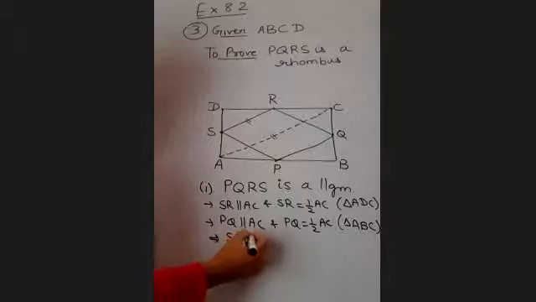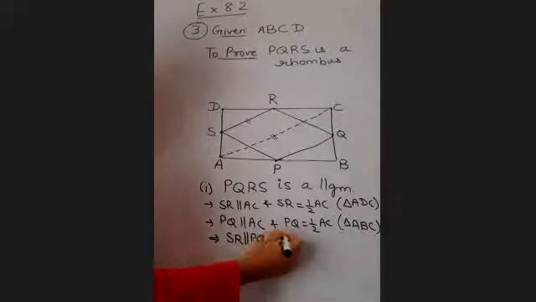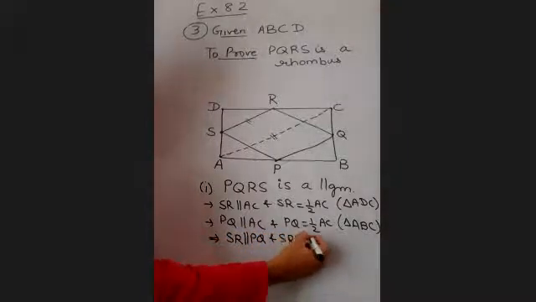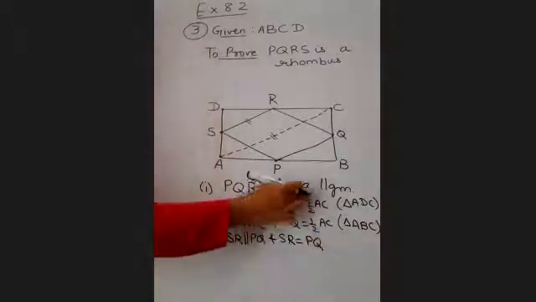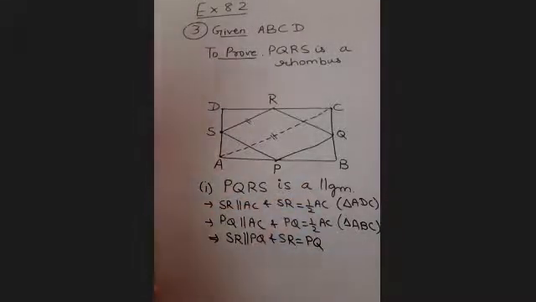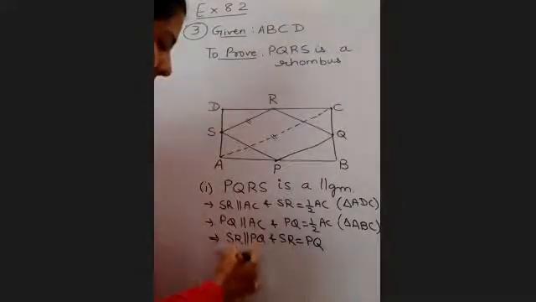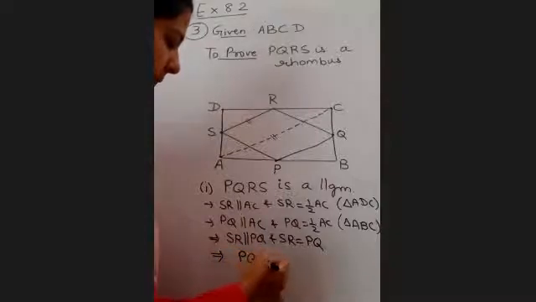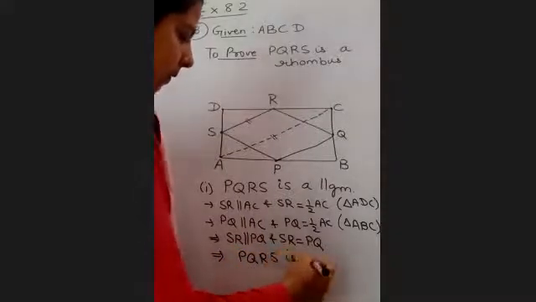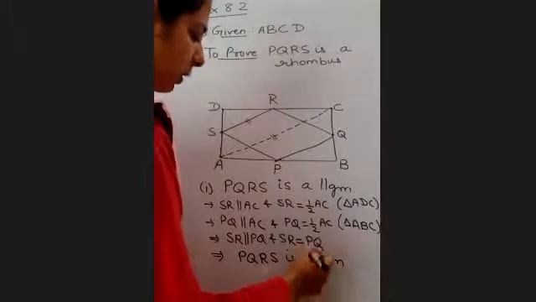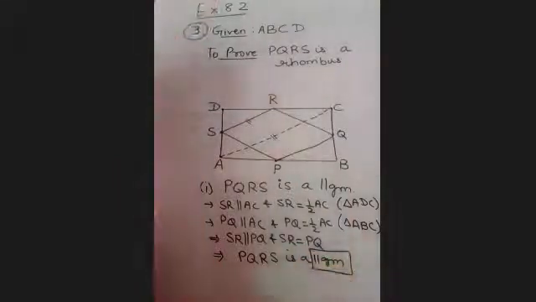And SR is equal to PQ, since both are half of AC. And in a quadrilateral, if one pair of opposite sides is parallel as well as equal, then it becomes a parallelogram. So now we have shown that PQRS is a parallelogram.